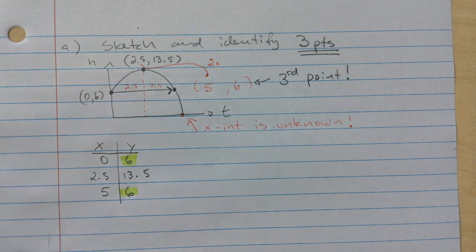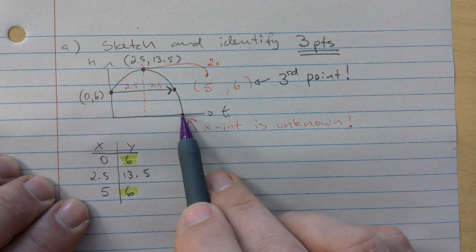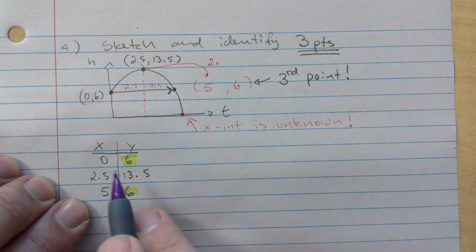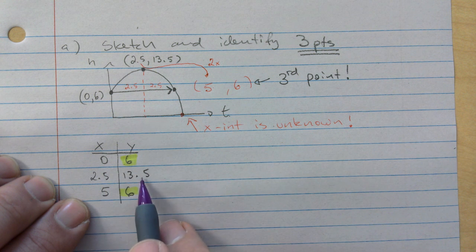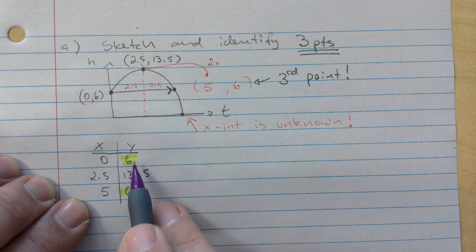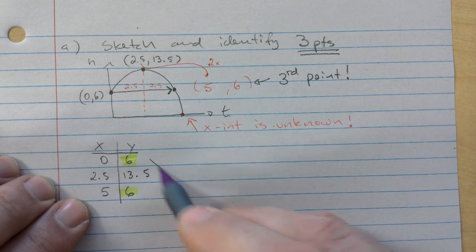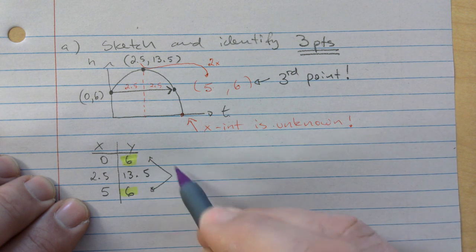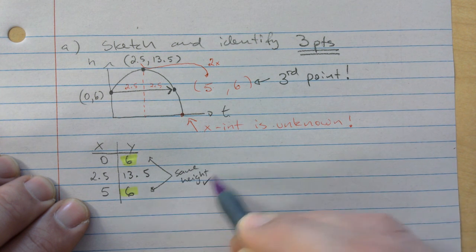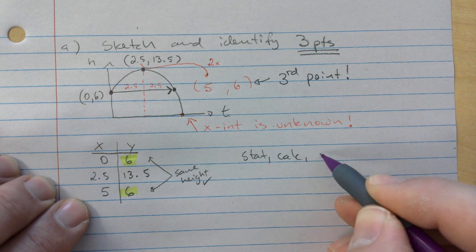So let's say you make that mistake, you're busy, you're like, oh yeah, 5, 0, double the x value of the vertex goes here. It would be 0, 6, 2.5, 13.5, 5, 0. And you would have all 3 different values here for your y values. So you know you made a mistake. Same height. That's good.